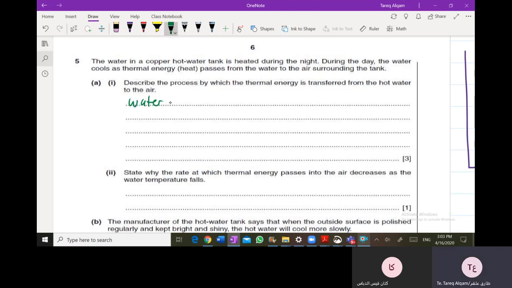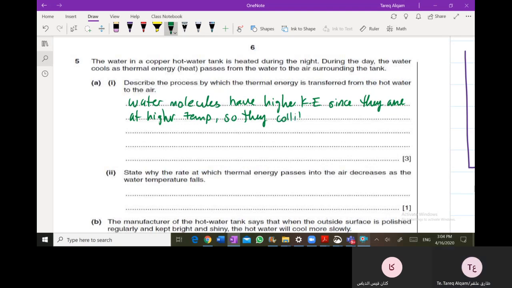Water molecules have high kinetic energy, so they collide with the atoms of the copper tank.